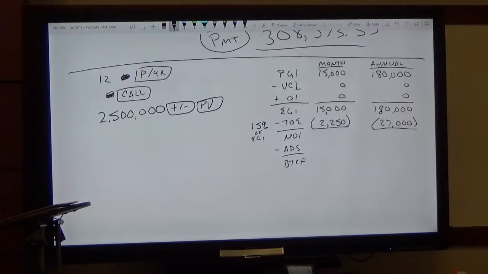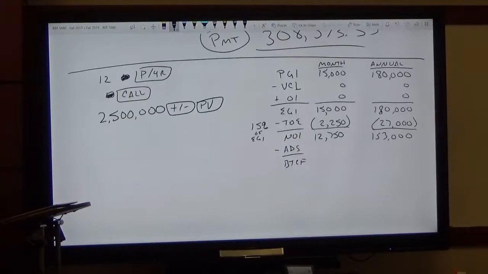Everybody good with that? Okay, so that gives us net operating income of 12,750, or 153,000 per year.